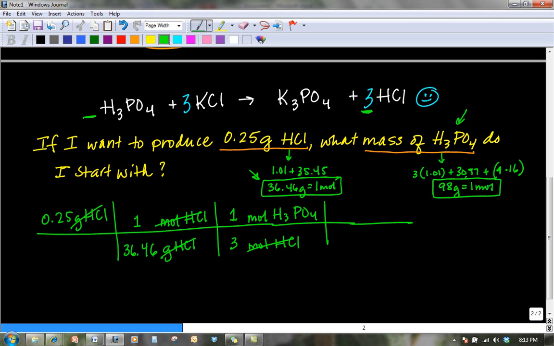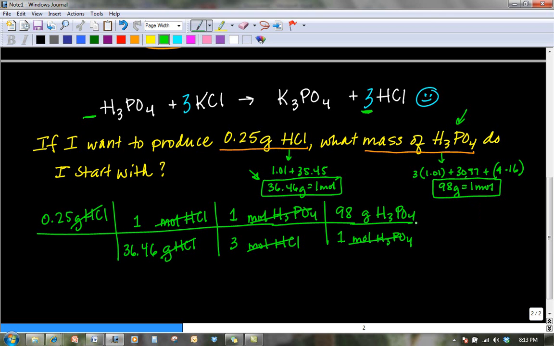grams. So I'm going to do one more section. I'm going to put moles of H3PO4 here at the bottom, and I'm going to change that to grams of H3PO4. I know from my equation right here that 1 mole of H3PO4 is equal to 98 grams of H3PO4.